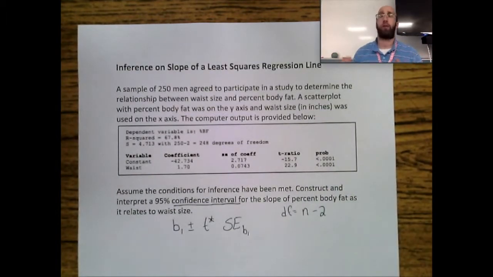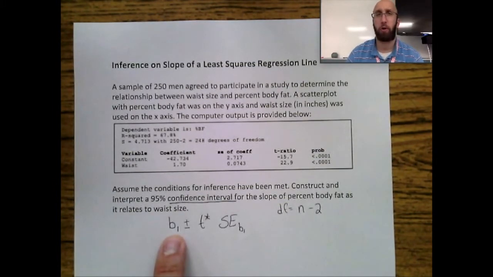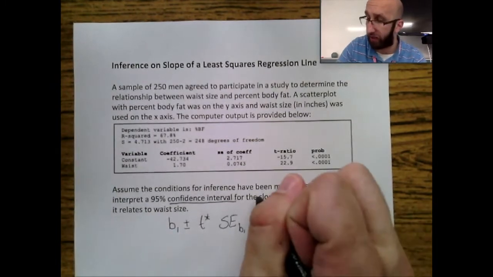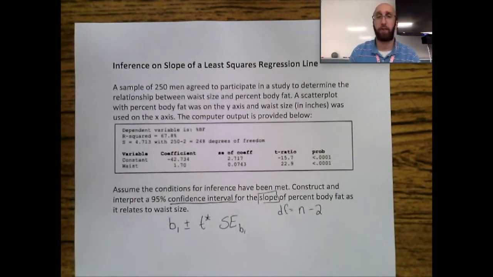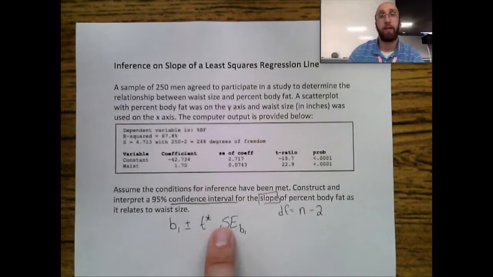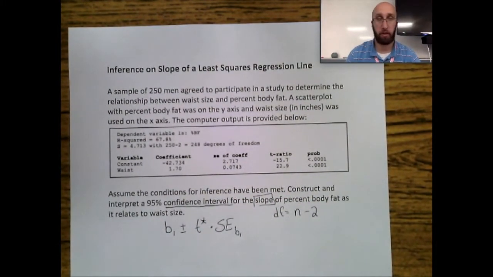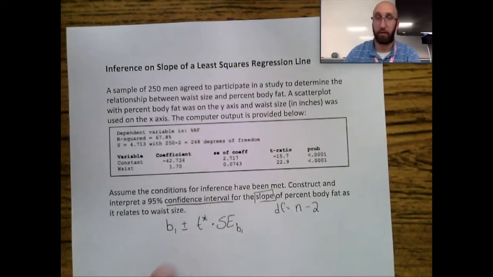Because we're doing a confidence interval on the slope, we take the slope plus or minus t star, which we get from a t table, times the standard error of that slope. So I need to know my slope and its standard error, and I can put together a confidence interval as long as I have a t table handy.